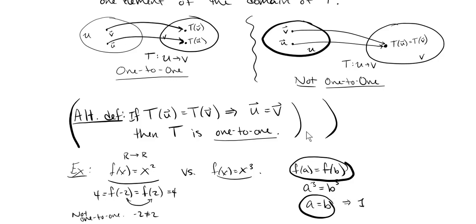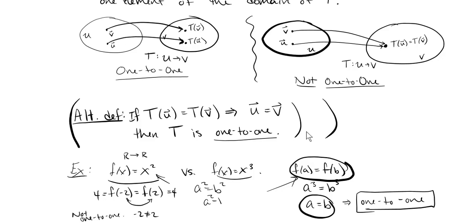That says this is a one-to-one transformation. What would have happened if we ran this little argument in the x squared case? We'd have a squared equals b squared, which, solving it differently, means a squared minus b squared equals 0, which gives us actually two options: a equals b or a is negative b.